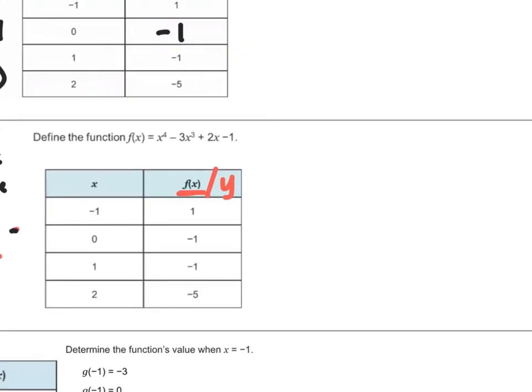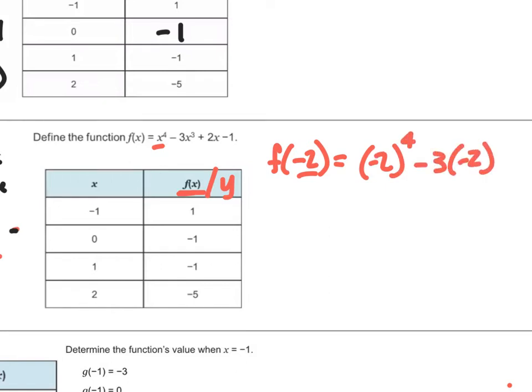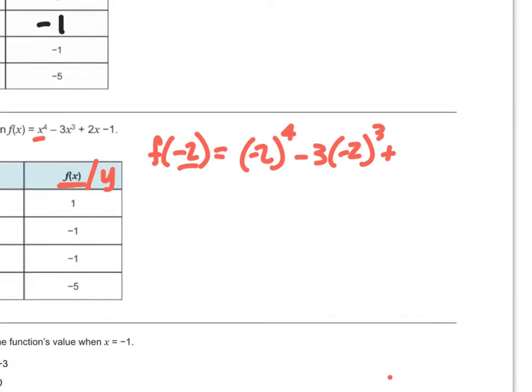So I'm going to do f of -2, plugging that into my function. Now watch what I do. When I have a negative value and I'm raising it to a power, like I am here, I need to use parentheses: (-2) to the fourth minus 3 times (-2) cubed plus 2 times -2, and then minus 1.